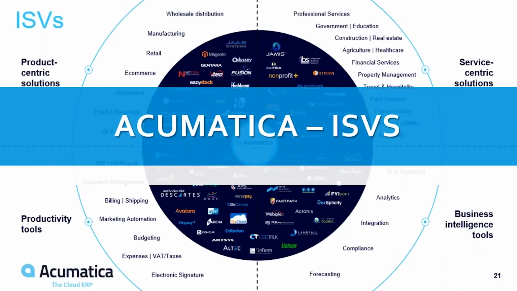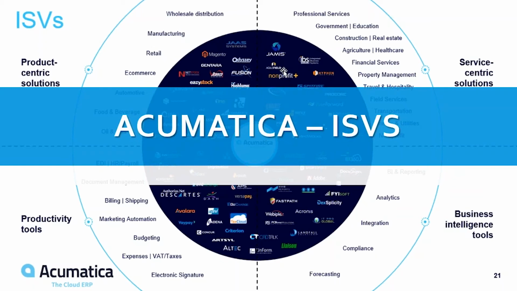Speaking of enhancing that core functionality, our ISV, or independent software vendor network within the Acumatica ecosystem, this enhances the product in terms of the vertical focus and core functionality. So just calling out a few: Nonprofit Plus, focused on the nonprofit industry, given by the name.